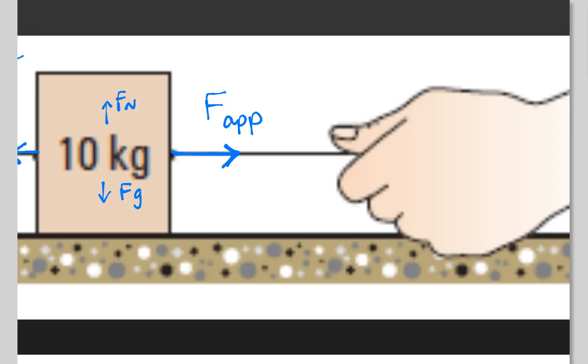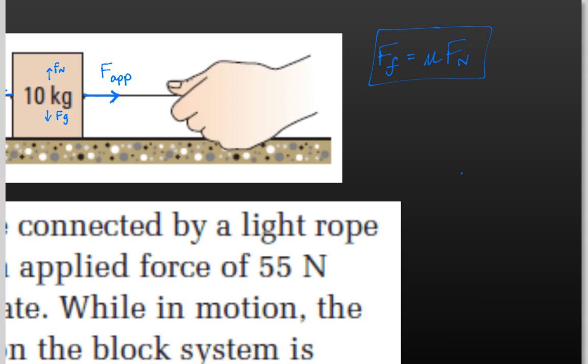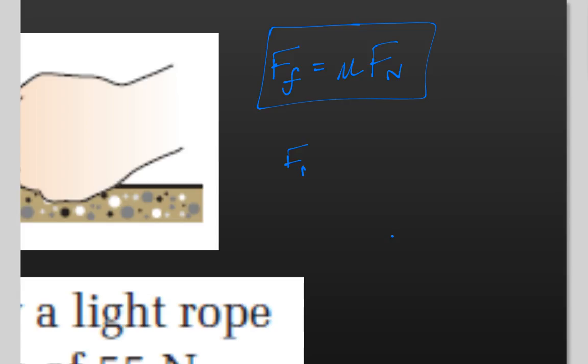Now on a flat surface, what do you know about Fn and Fg? Yeah, they're equal. So Fn equals Fg on a flat surface. So then we can say, okay, well then F equals mu Fg, which equals mu mg.